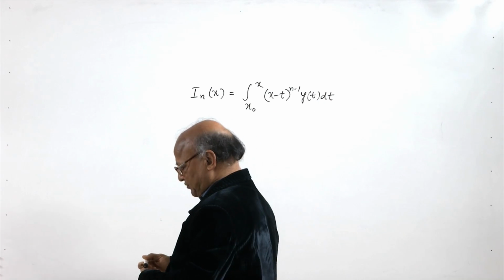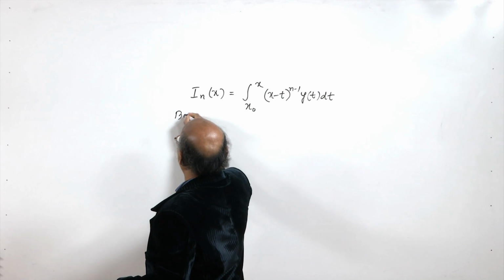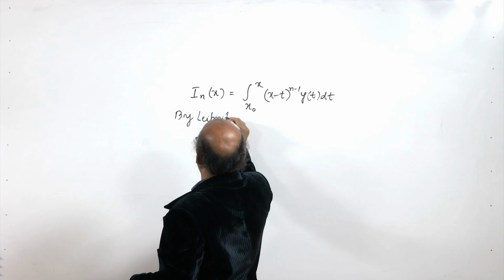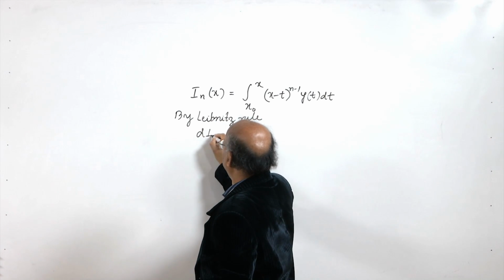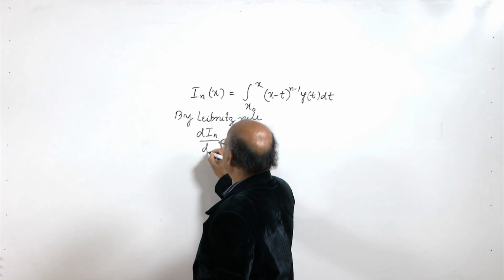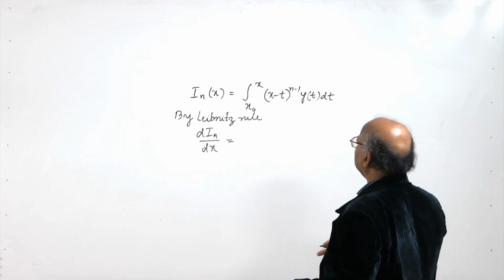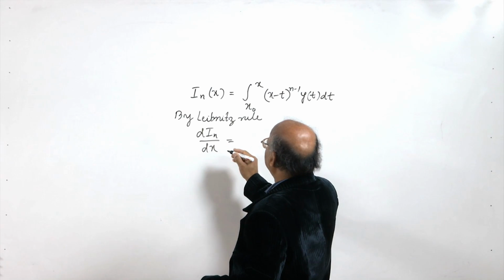Now, let us use Leibniz rule to differentiate this. So, by Leibniz rule, dI_n over dx, let us differentiate it with respect to x. Here the lower limit is x naught which is constant, and the upper limit is a variable x. So, we are differentiating with respect to x.